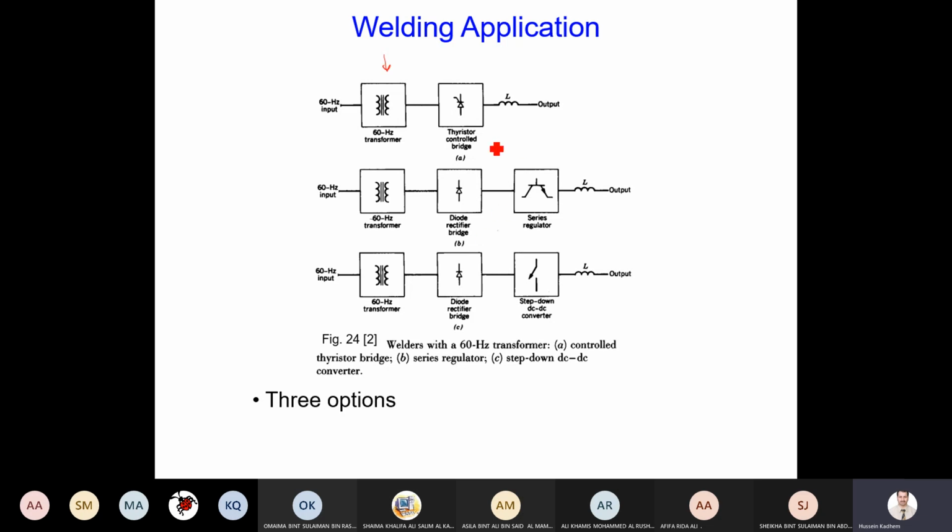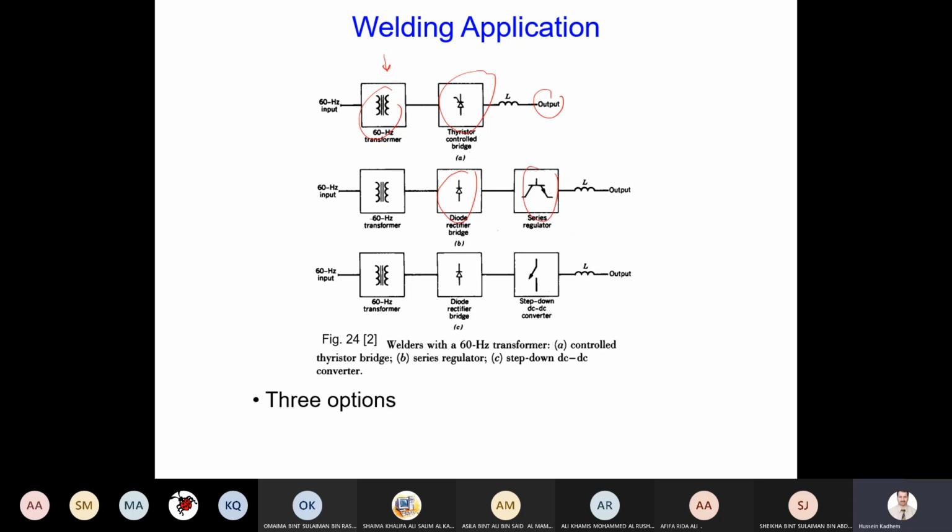So here, a stepping down transformer, a conventional line frequency transformer. And here we have a thyristor controlled bridge, inductance, and then we have the output. Sometimes they use a bridge rectifier, no thyristor, a diode rectifier, an uncontrolled one, which we already discussed before, with a series regulator.